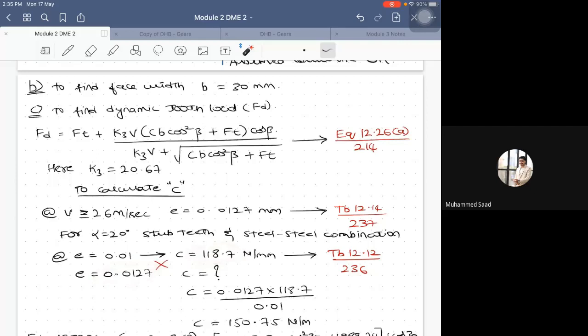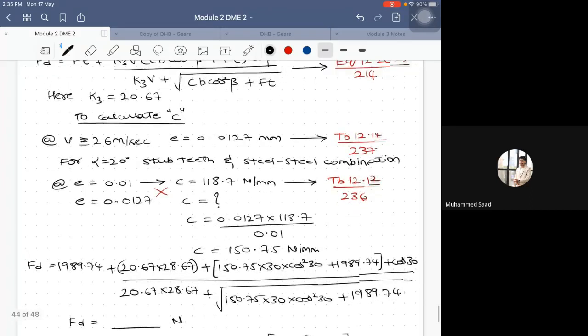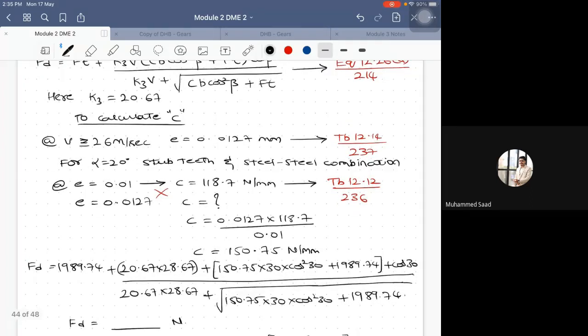Sending the 0.01 to the other side, it falls in the denominator. Once you calculate, the value is 150.75 Newton per mm. Since the value of C is known, K3 is known, and all other values are known, substitute the whole thing here and give me the value of the dynamic load.